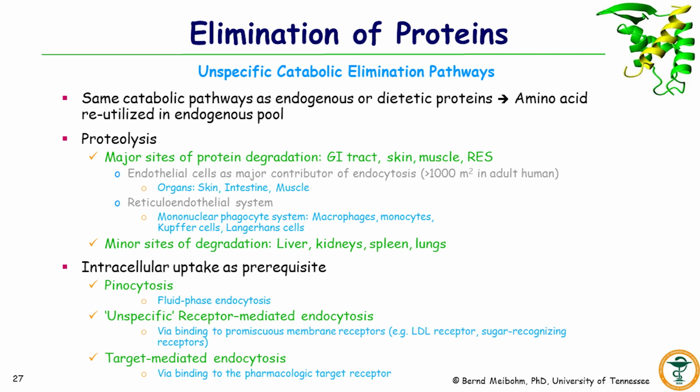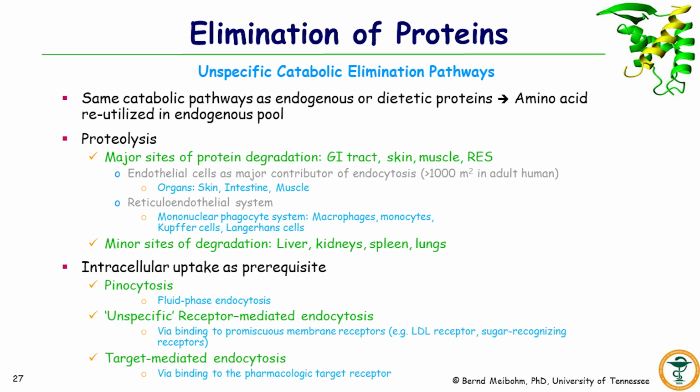There are also receptor-mediated endocytotic processes, either by unspecific or by target receptors. Unspecific receptors are promiscuous membrane receptors like the LDL receptor, or sugar-recognizing receptors like the mannose or the fructose receptor that can recognize certain structural features in therapeutic proteins, and by that facilitate the endocytotic uptake of those molecules.